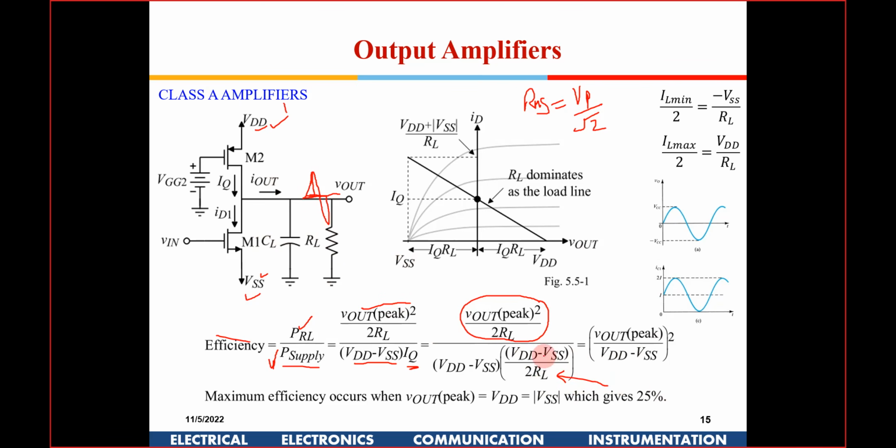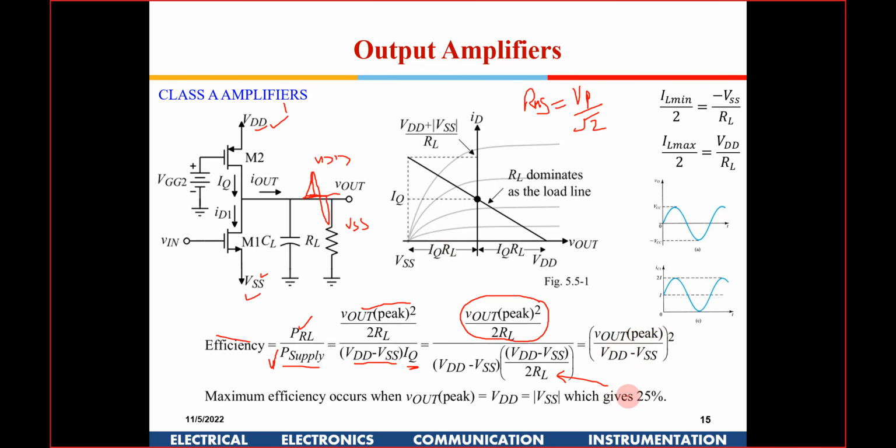If you see here, these RLs get cancelled. So I have VDD minus VSS and V peak squared. Now consider V peak is half of VDD minus VSS, because the output is going to swing from VDD to VSS. That is peak to peak, so this will be half of it.